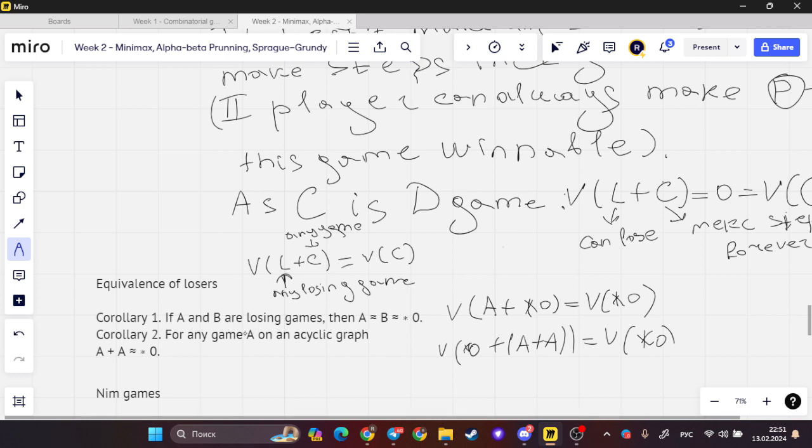If A and B are losing games, that means it is equivalent to the null game because of this equality and this equality. One second, think about this.